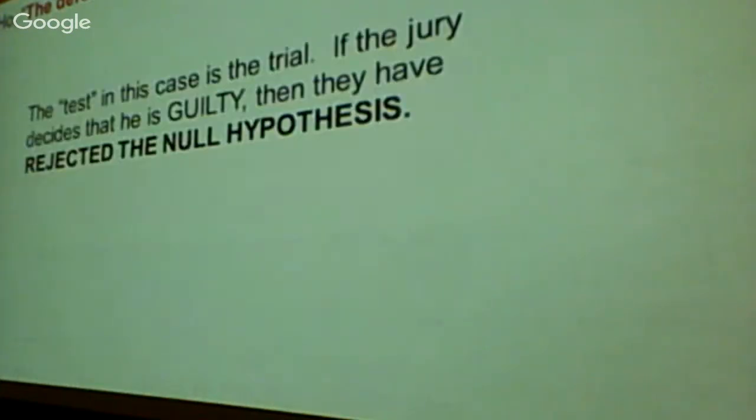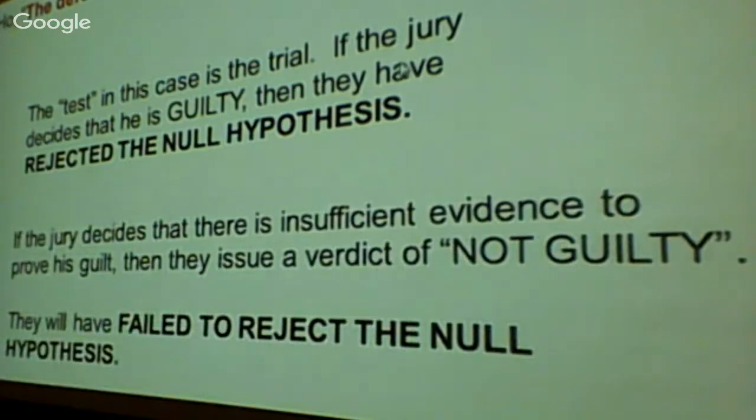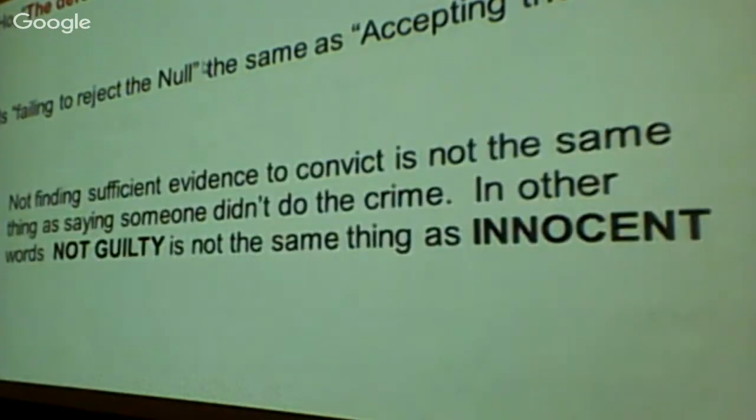The trial is like a test, a statistical test, right? So if they say that he's guilty, then they've rejected the null hypothesis, and if they say there's insufficient evidence to say he's guilty, then we say he's not guilty. They never say he's innocent. They fail to reject the null. Again, I say it again, failing to reject the null is not the same as accepting the null. The same way that not guilty is not the same thing as innocent.